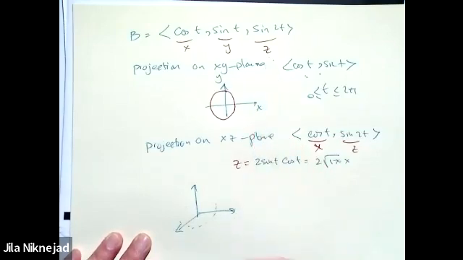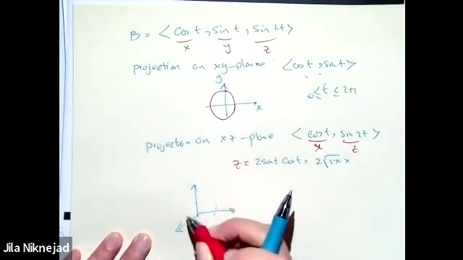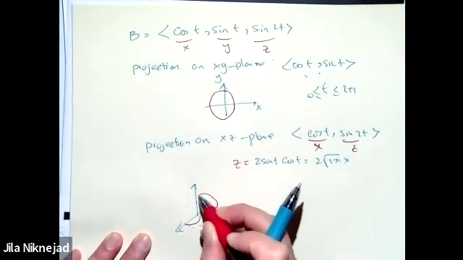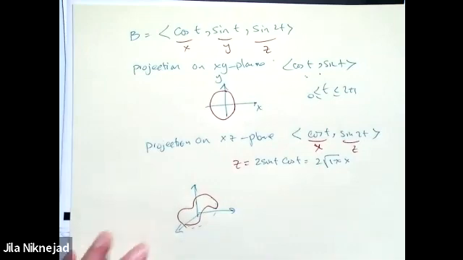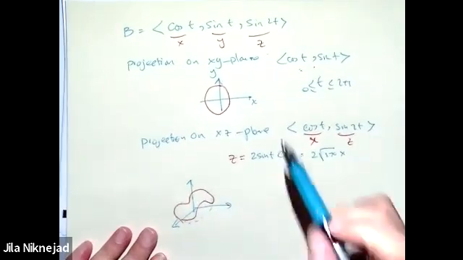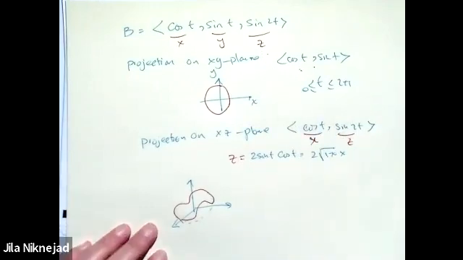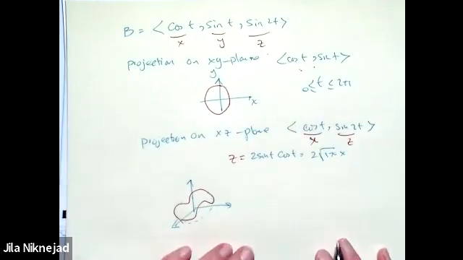And so basically it goes like this, and it's round and it goes around on that. So a lot of times the projections are good. In this very specific case, when I do the projections, it becomes very complicated.